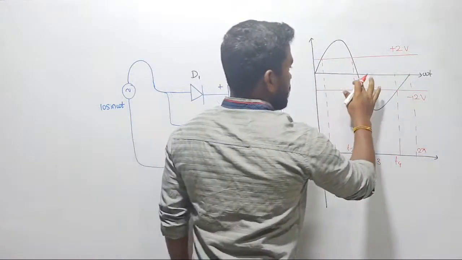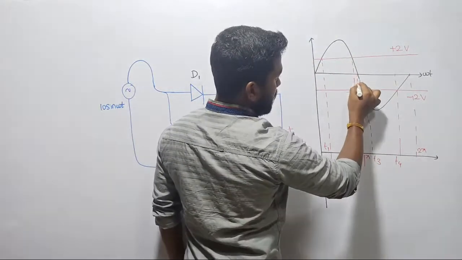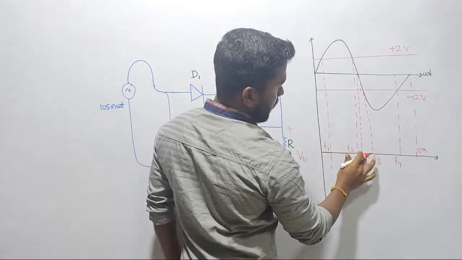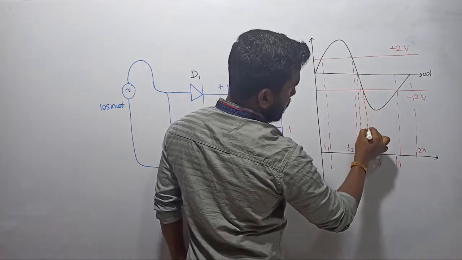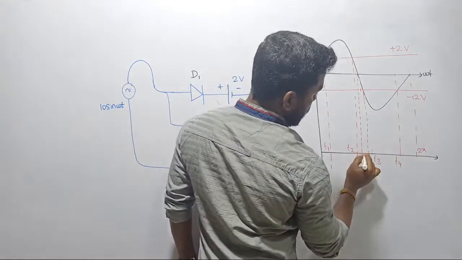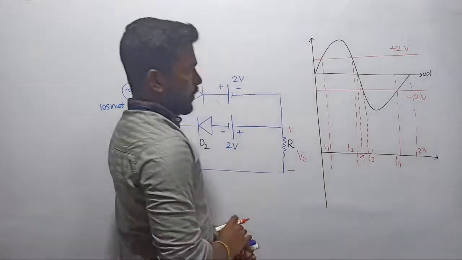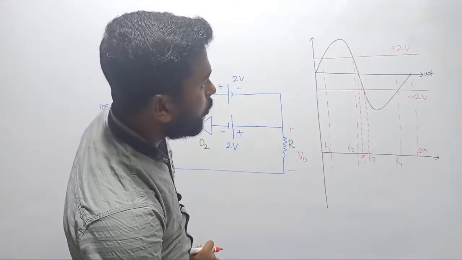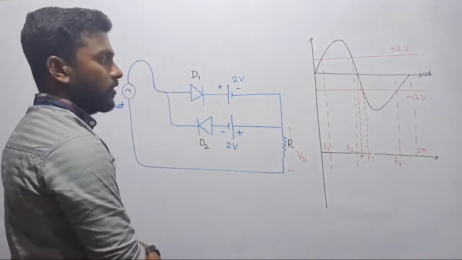Okay, see here we have the difference. We should try to draw the waveform exactly, right? One second. This is pi, this point is T3. Shall we start our journey? Yes, let's start and draw the waveform.